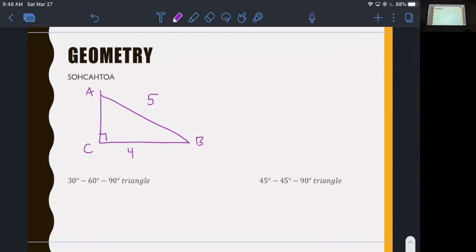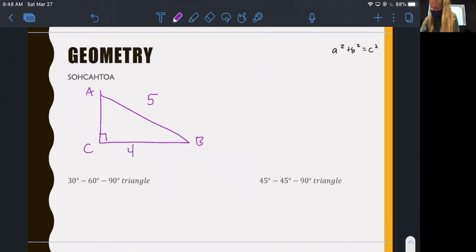One thing that you do need to know how to do is the Pythagorean theorem, or to recognize your Pythagorean triples if you don't know the Pythagorean theorem. What's the Pythagorean theorem say? A squared plus B squared equals C squared, where C is the hypotenuse.